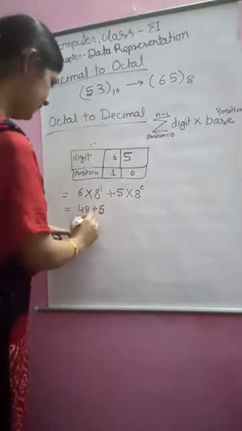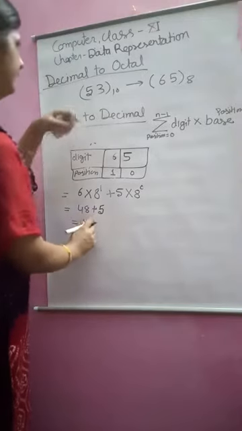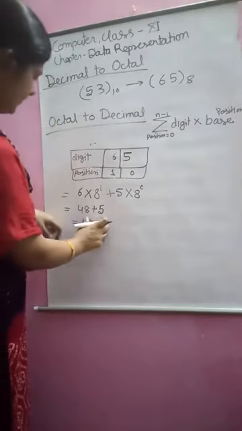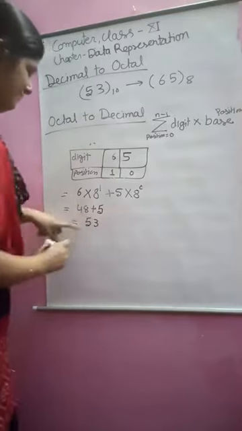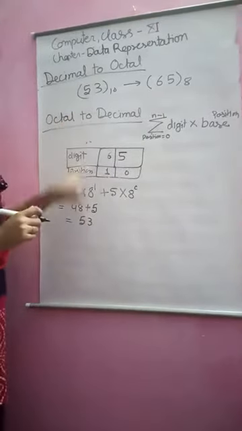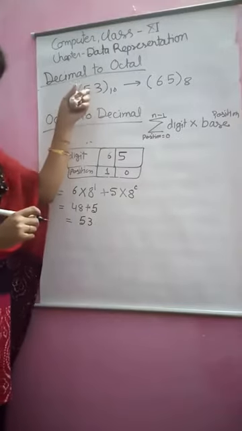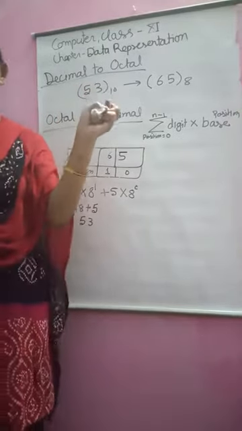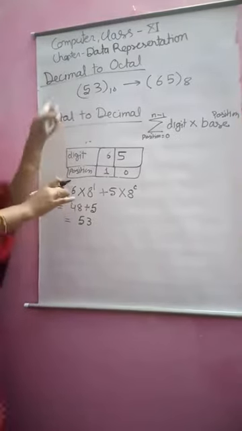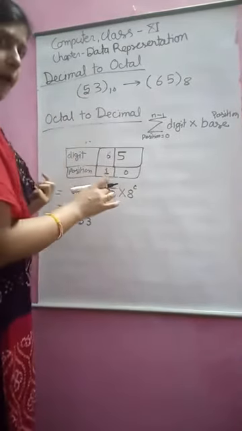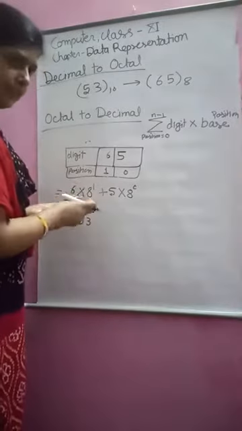And this is 53. We receive the same number, which means our conversion is right. If we receive the same number back, then the conversion is right.